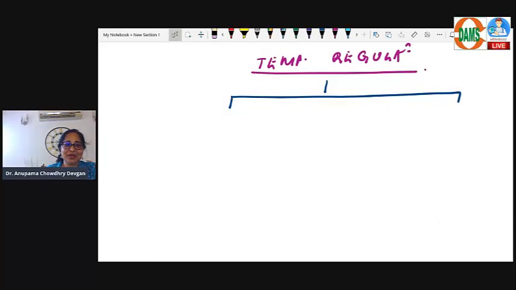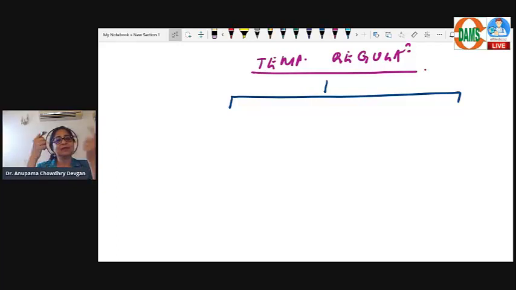Okay, so temperature regulation. Now, temperature regulation is a very, very important function of the hypothalamus. One point which I must clarify here is we did thermoreceptors. A lot of people ask me, please remember the thermoreceptors which I did in sensory system with you. Thermoreceptors are meant for detection of objects placed on the skin.